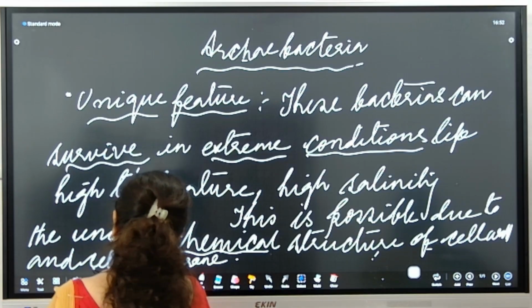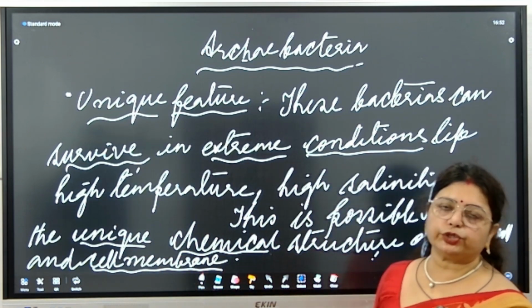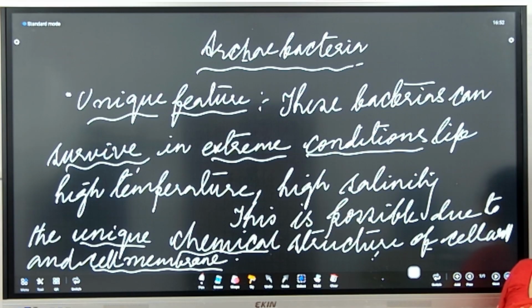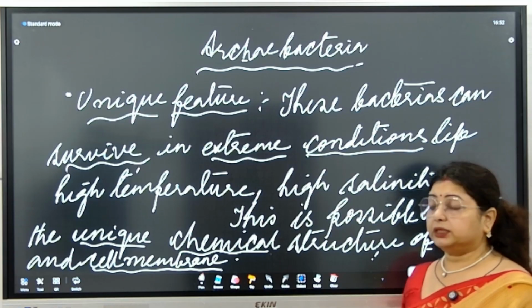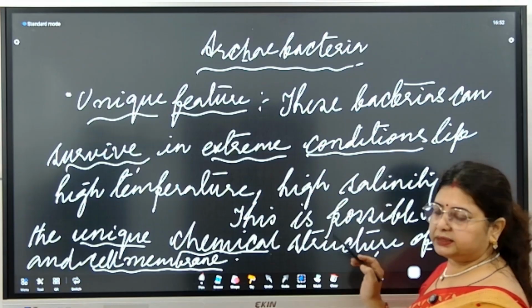Okay, so what is the chemical structure you will get in the notes. It is made up of pseudopeptidoglycan, polysaccharides, and glycoproteins. And here cell membrane, single layer of lipid. These proteins actually make them stable in the adverse condition. Is it clear? So this is one of the very unique features I discussed.